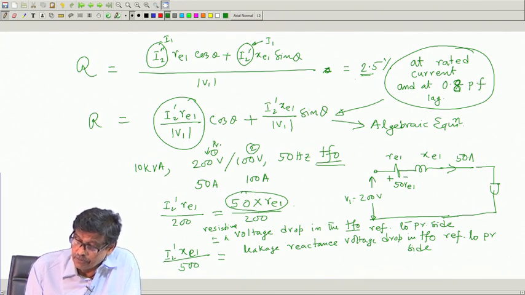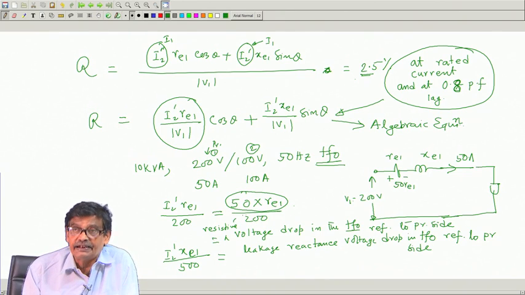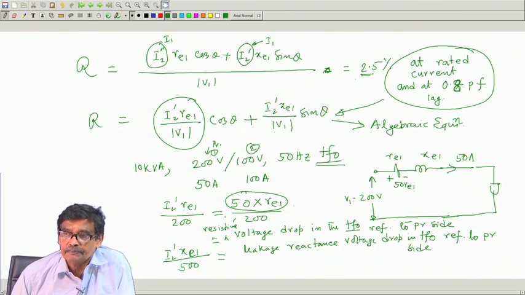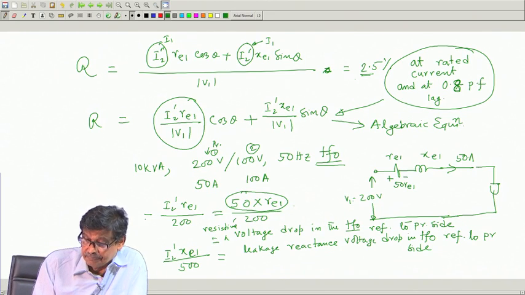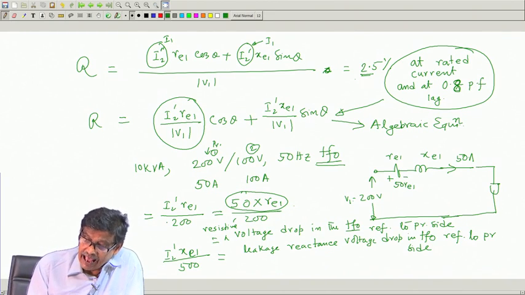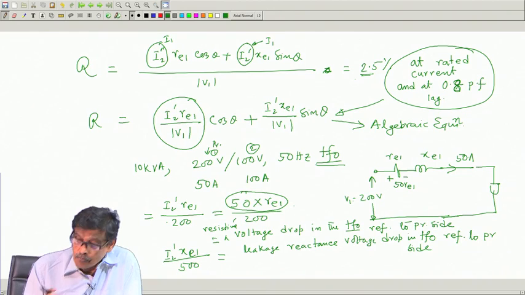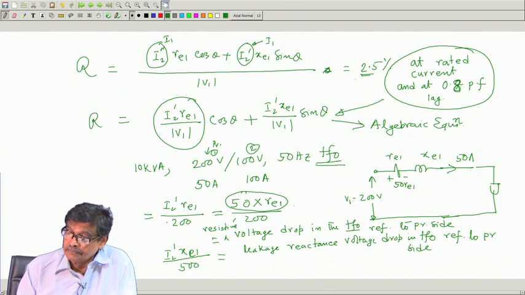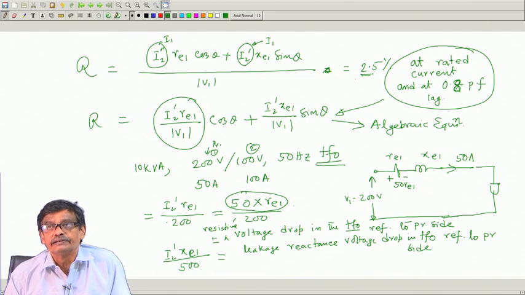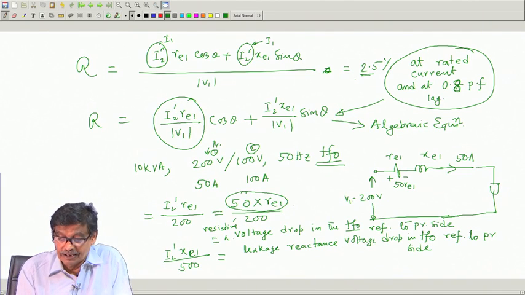And what is the denominator? Denominator is the rated voltage of the primary side. So, this ratio is actually how much of this total rated voltage is consumed by the resistance of the transformer.